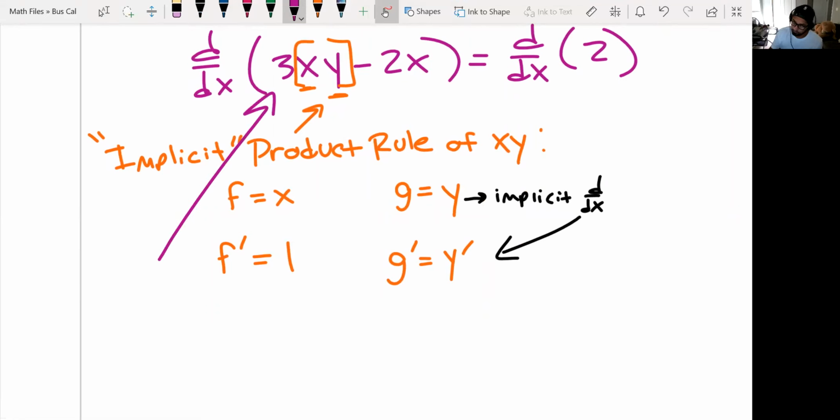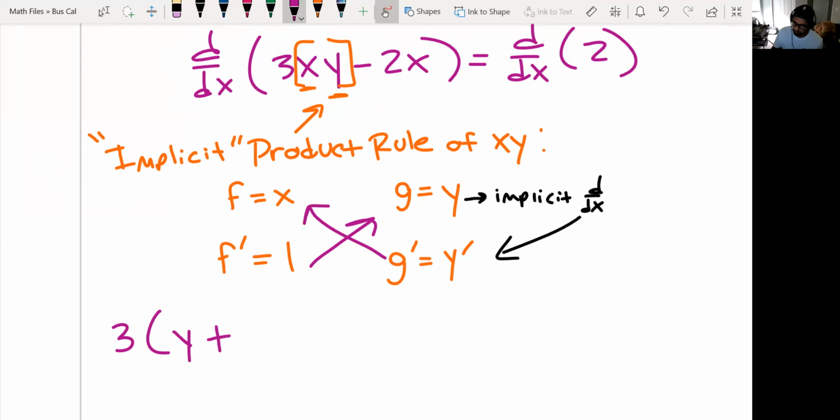That 3. So we're going to have 3 parentheses and follow your product rule. F prime g, 1 times y is y, plus g prime f, you get y prime times x, which I'm going to write as xy prime. Now the hard part is over.